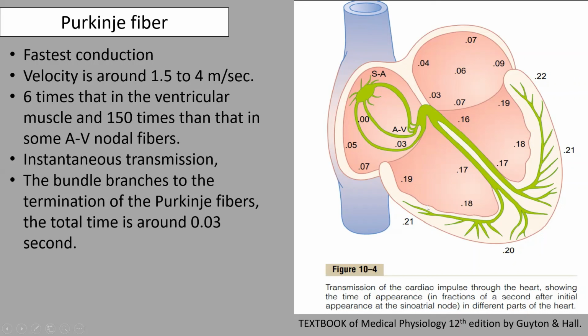But here the current will not go away from the heart. It is between the ventricle and the atrium. So the impulse is moving through this conducting system from the SA node to the AV node, and also from the SA node directly to the left atrium, then the Purkinje fiber, and then all over the ventricle, and then the ventricle responds by contracting. That is about the conduction, or propagation of conduction, of the heart muscle.